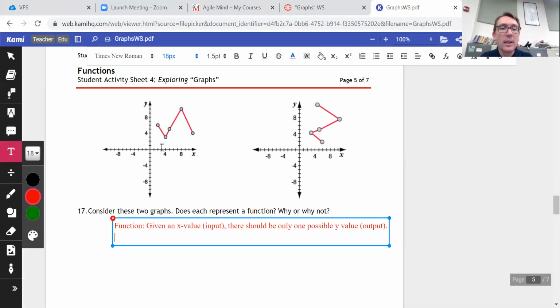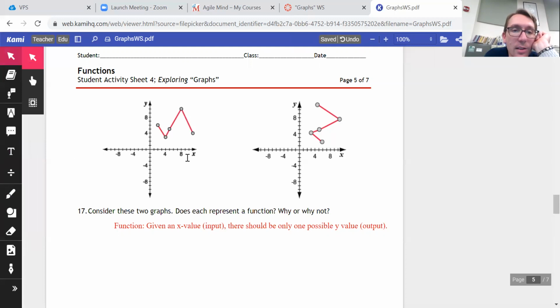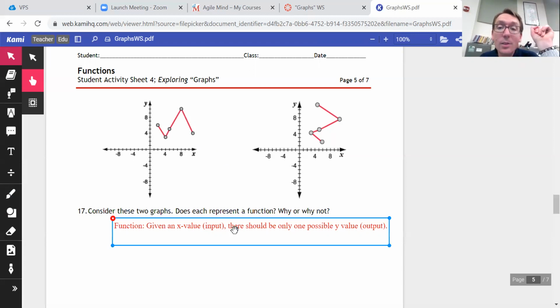So over here on the left, if I tell you X is 4, you can tell me that Y is about 3. If I tell you that X is 8, you can tell me Y is about 10 or something. If I tell you X is 5, you can tell me Y is about 5. You can figure out, based on what I tell you for X, you can follow it up and go, oh yeah, so Y is that number. If X is 10, then Y is like 4 or something like that. I don't know, I'm just eyeing it. But you can see, if I tell you an X, you can find out a Y.